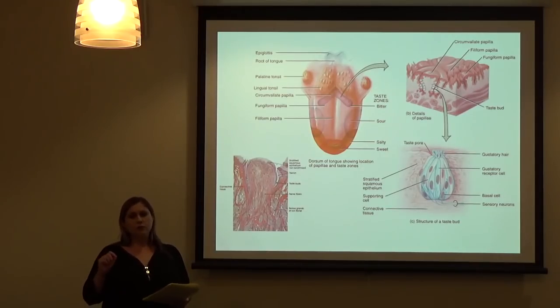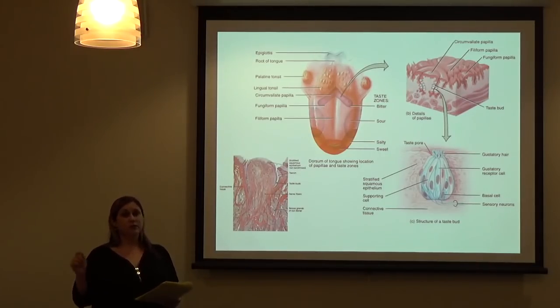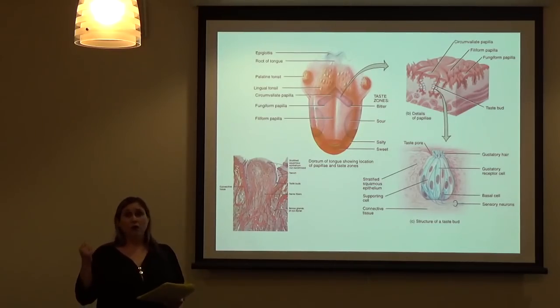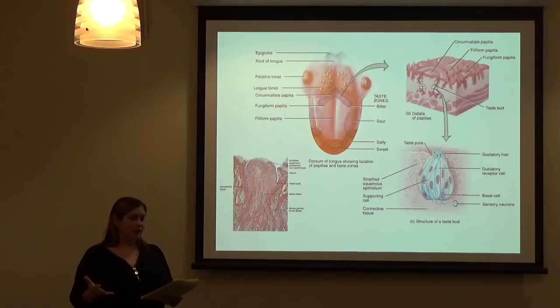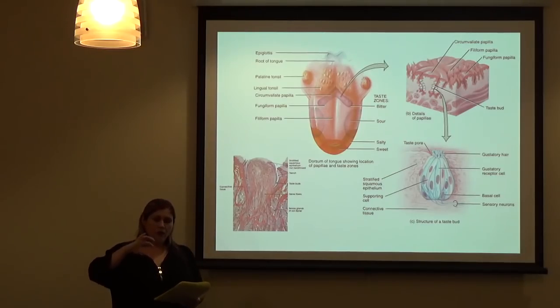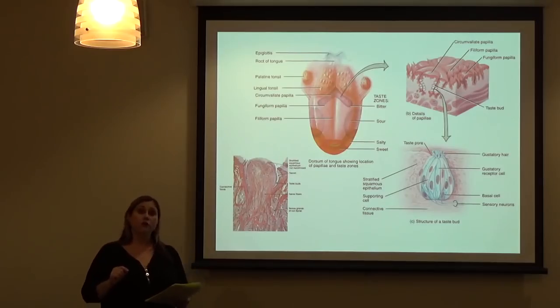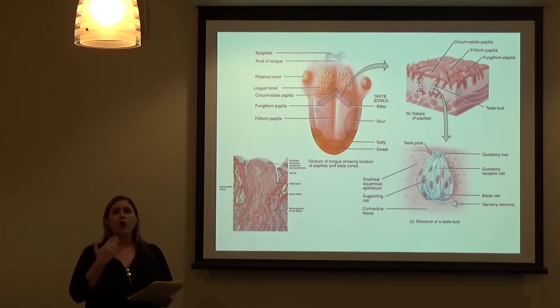And those taste receptor cells, TRCs, are salty, sweet, sour, bitter, and umami. And there are all the different kinds of taste receptor cells, all 5 of the basic tastes, located all over your tongue, though there are higher concentrations in certain areas.